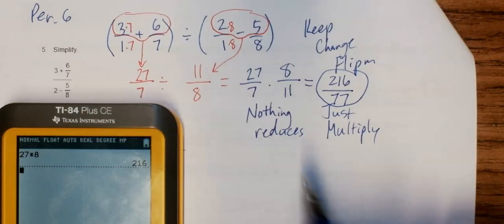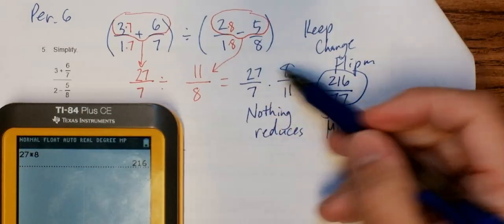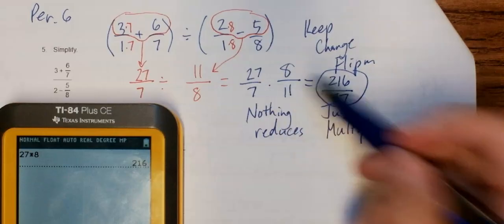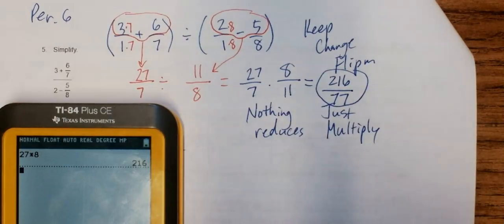Nope, nothing reduces. The top is based on 3's and 2's, and the bottom doesn't have any 3's and 2's in it. Otherwise, I would. Any questions on this? Yes.